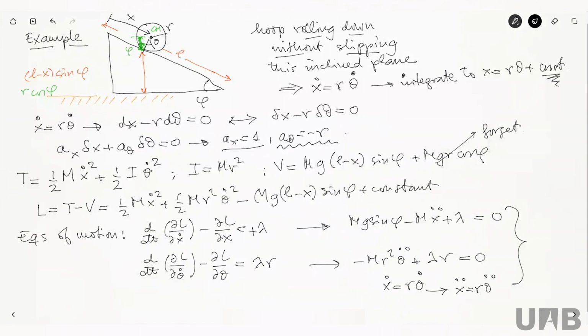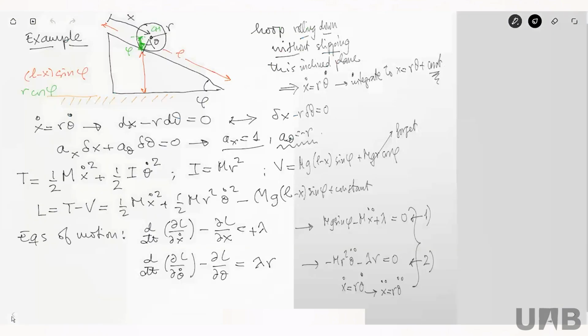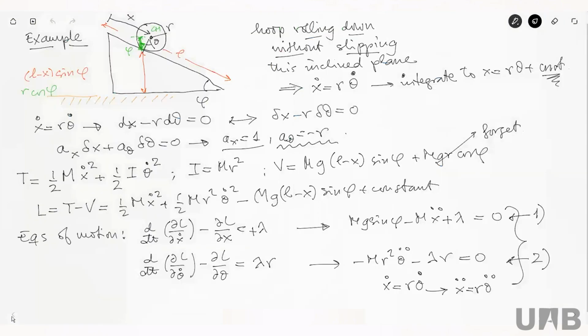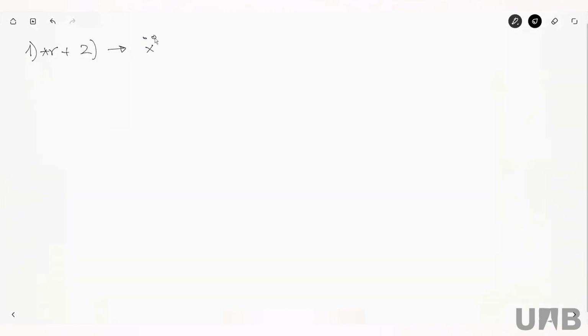So if I call this equation number 1, and this one equation 2, then I can do 1 times r plus 2, and the Lagrange multiplier terms cancel, and I immediately obtain that x double dot equals 1/2 of g sine phi.